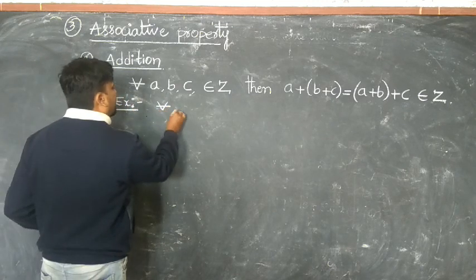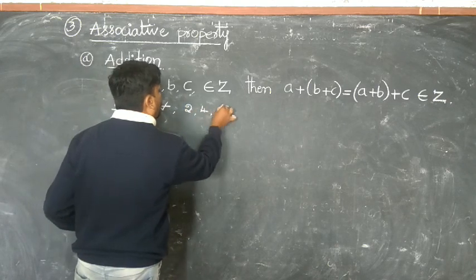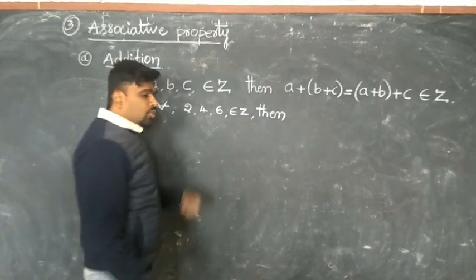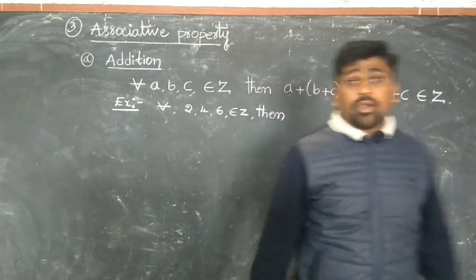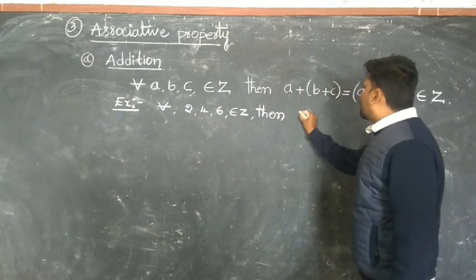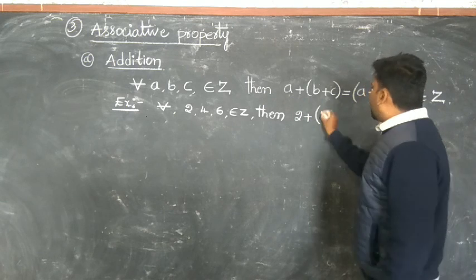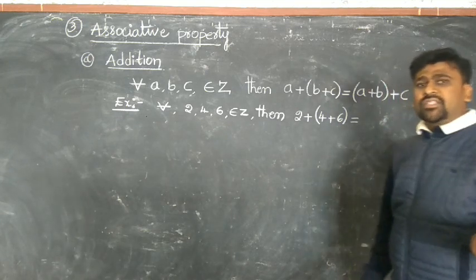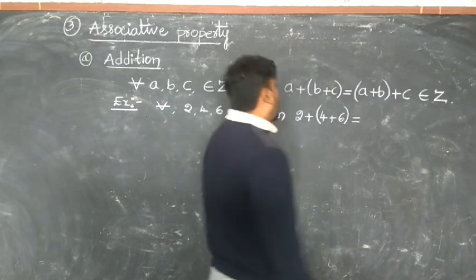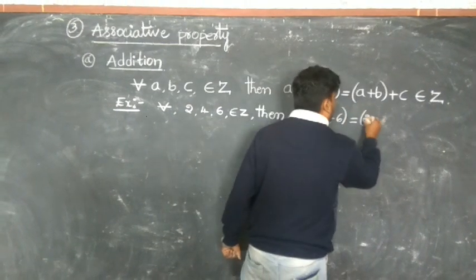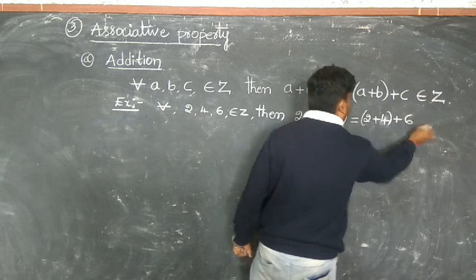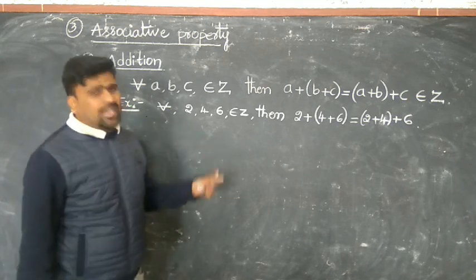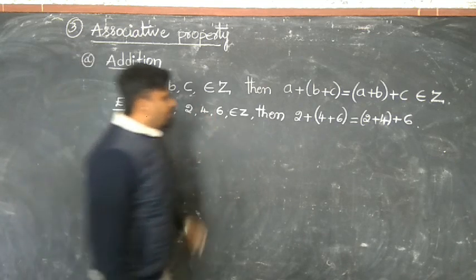For all, we can take three numbers 2, 4, 6 belongs to Z. Then A will be 2, B will be 4 and C will be 6, just substituting the values of A, B, C. Now simplifying the LHS part and RHS part, both sides are equal, it belongs to Z. First bracket open.